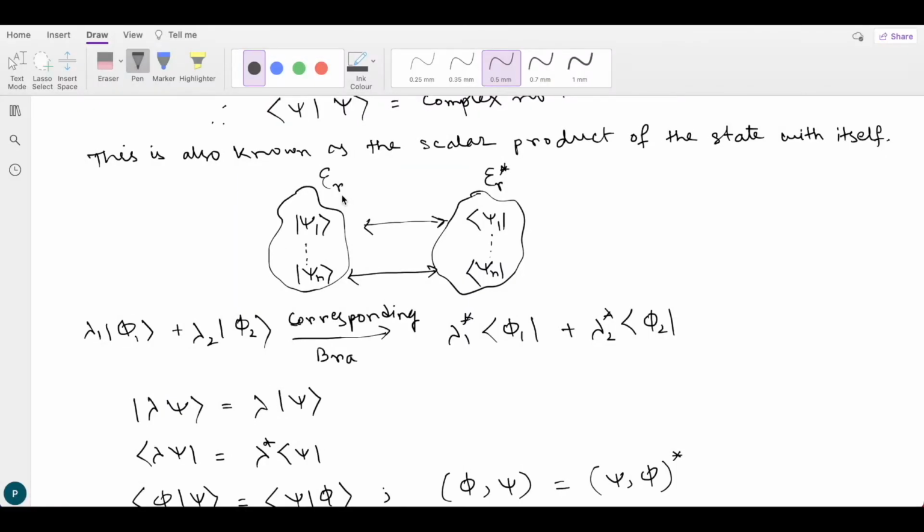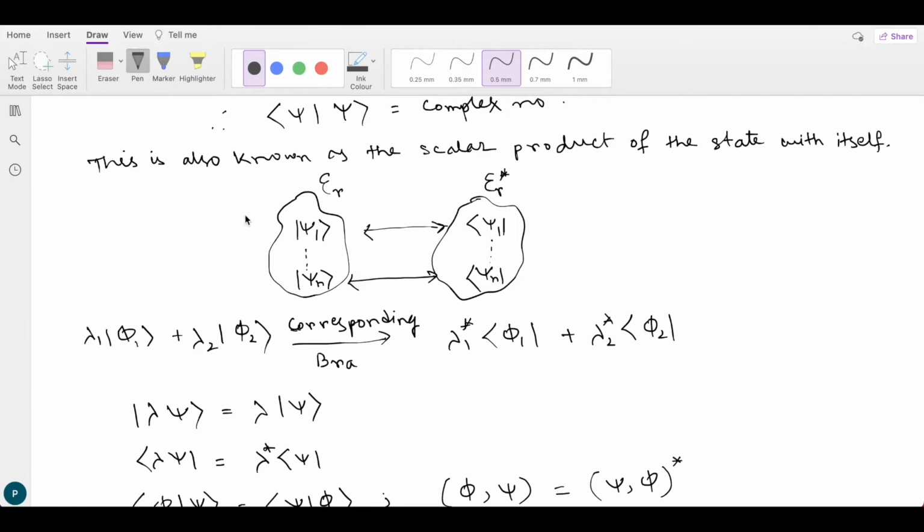I have tried to draw a diagram to help you understand more what I am talking about. Let's say this is a space which is the state space, and similarly there is another space known as dual space, and for every ket in this state space there is a complementary bra in that dual space.